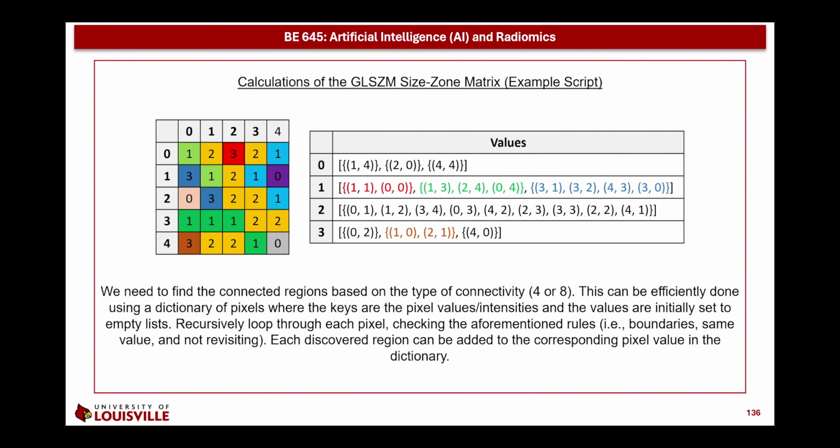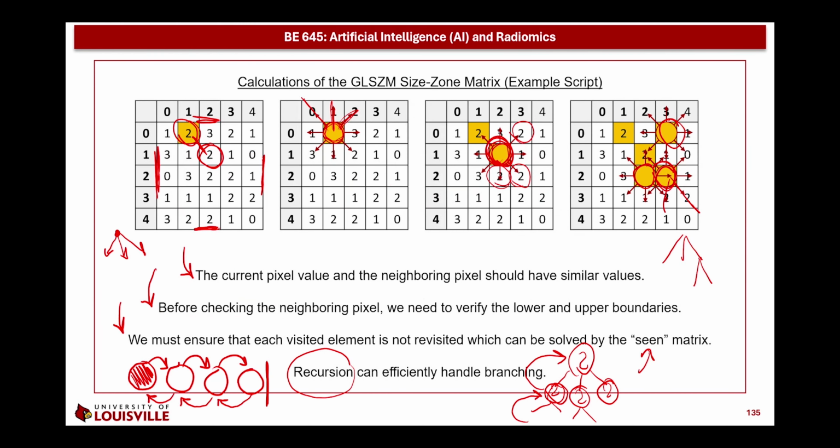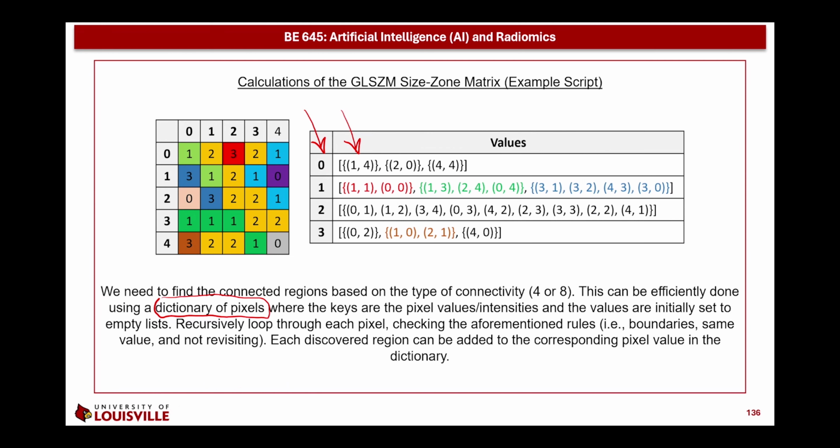After that, we need to build the connected regions together, so we can count the number of each region corresponding to each intensity value. This can be done by building a dictionary of pixels, where the key is the gray level and the values are initially set to an empty list. By performing recursion and looping on each pixel, we will first check the constraints and conditions that we illustrated here, which are the boundaries, they are the same values, and not revisited.